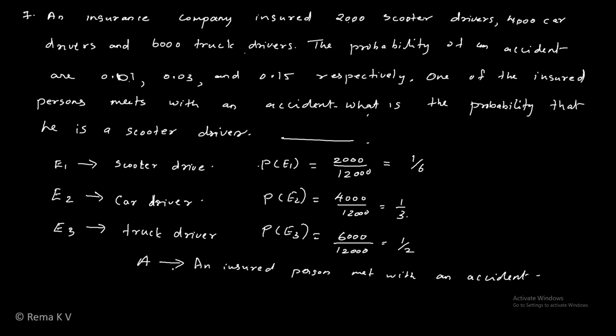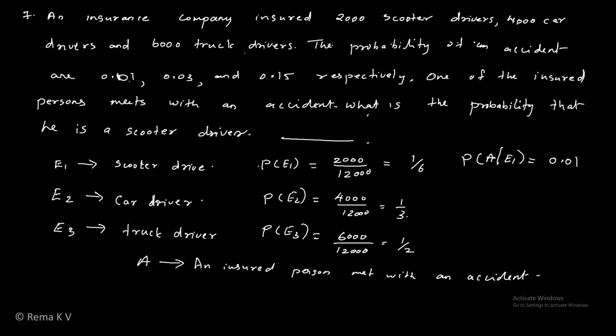So this is A. Now we have to find the probability of a person meeting with an accident when he is a scooter driver. It is 0.01, which is given in the question directly.